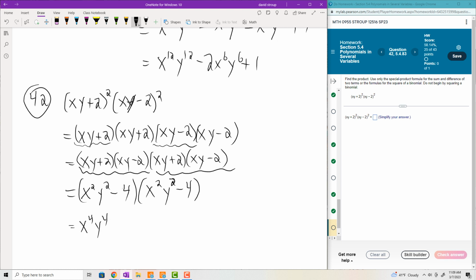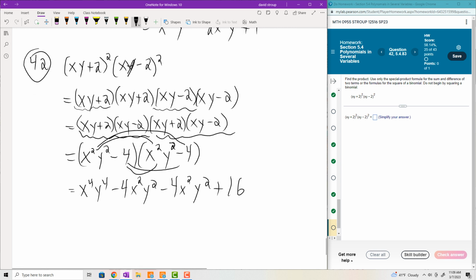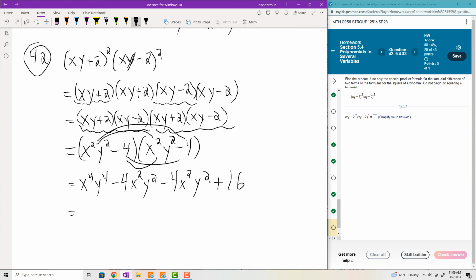Okay, so foiling it out, you get x to the 4, y to the 4, that's the first. Then the outer, minus 4x squared, y squared. Then the inner, minus 4x squared, y squared. And last, plus 16. Okay. So I'll have x to the fourth, y to the fourth, minus 8x squared, y squared, and then plus 16.